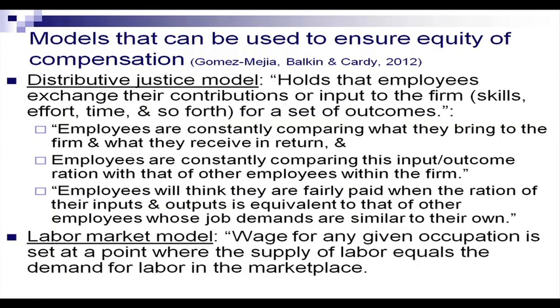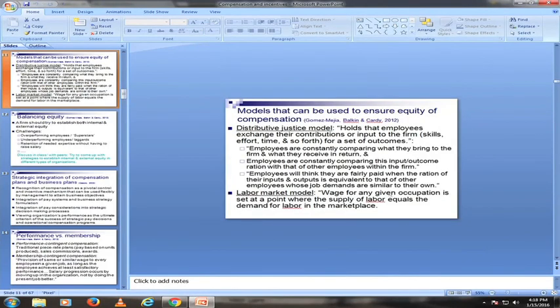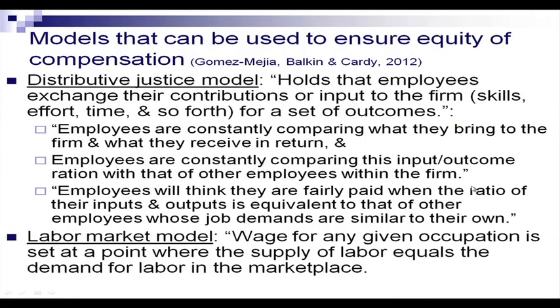Employees will think that they are fairly paid when the ratio, it should be ratio, not ration, of their inputs and outputs is equivalent to that of other employees whose job demands are similar to their own. So, it should be ratio. I am sorry for the spelling mistake here, and I will correct it as we go along. Okay. There we go.